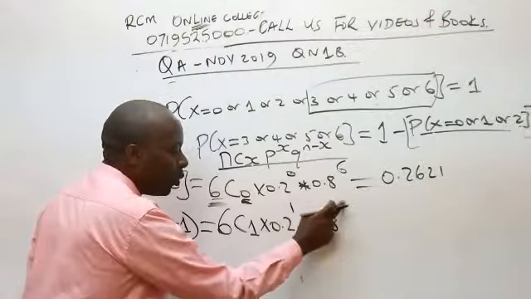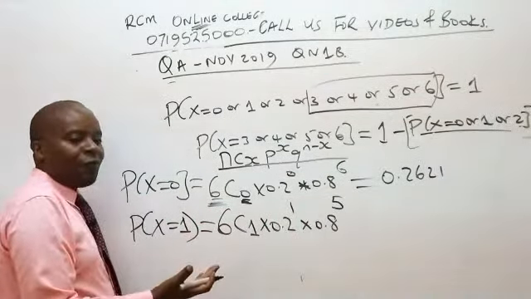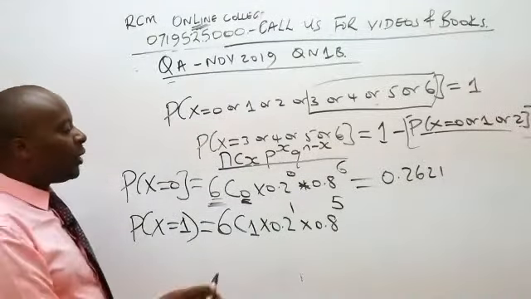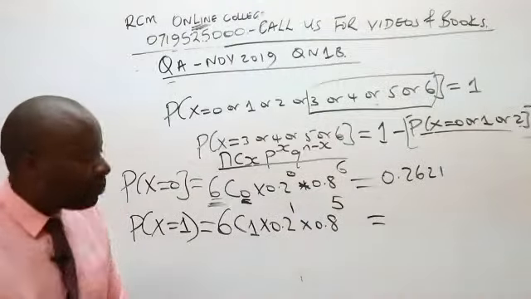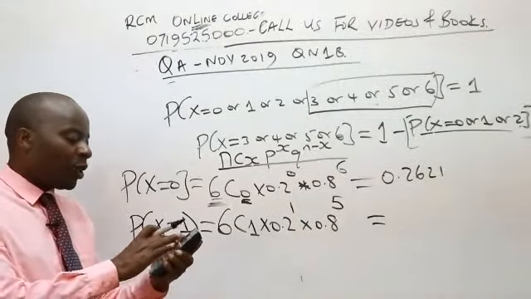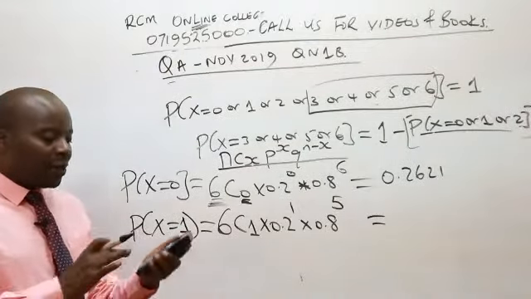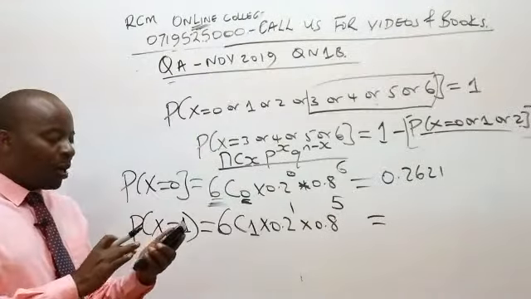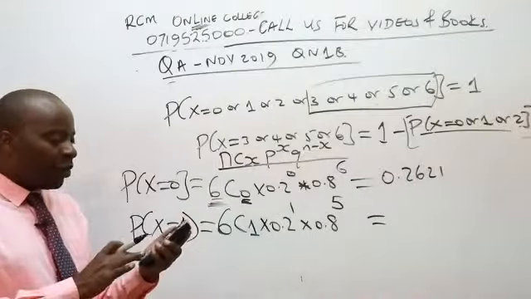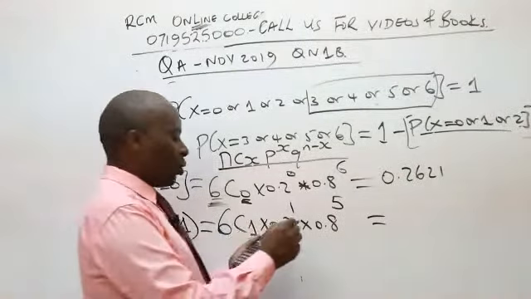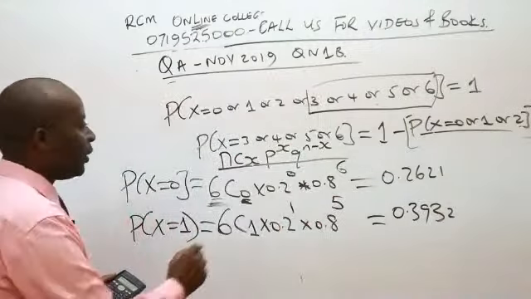I know that the two powers must always add up to this. It means that the power of Q will be 5. So ladies and gentlemen, again, armed with your calculator, come right away here, press 6 combinations 1, right? Times 0.2 raised to power 1 times 0.8 raised to power 5, which at the end of the day will give us 0.3932.